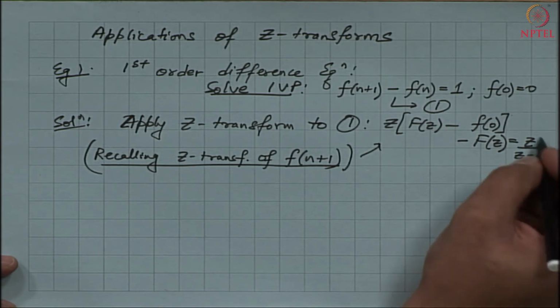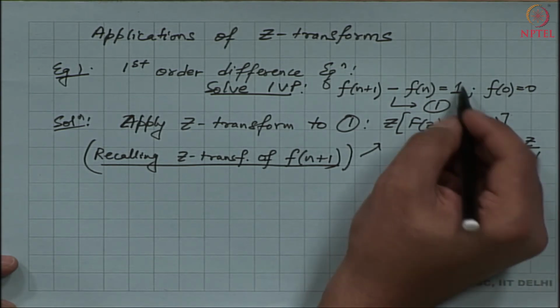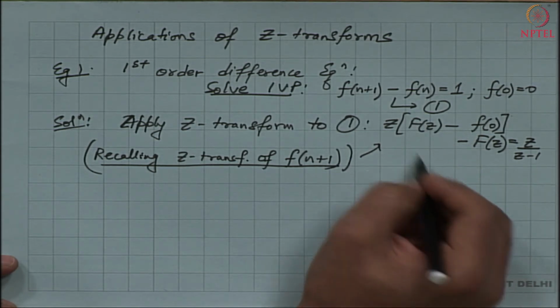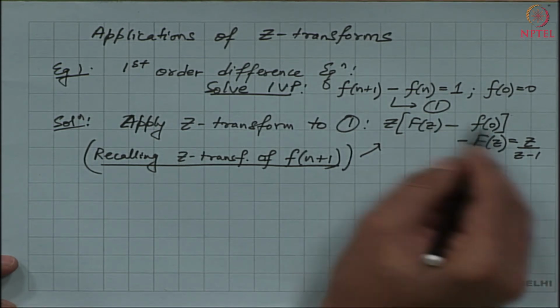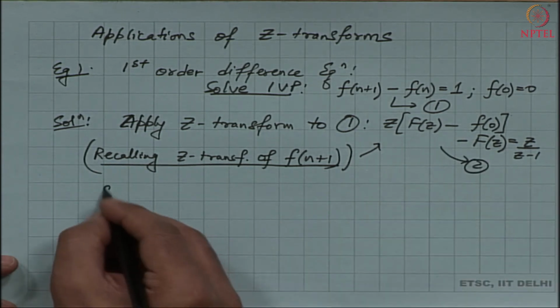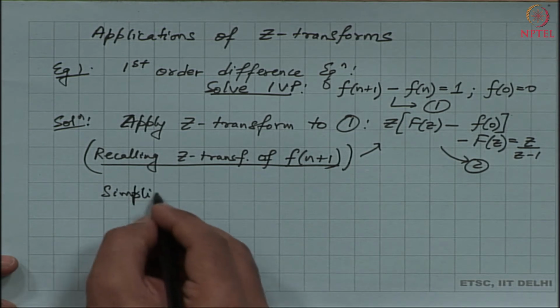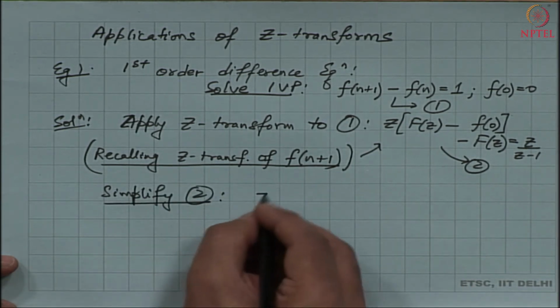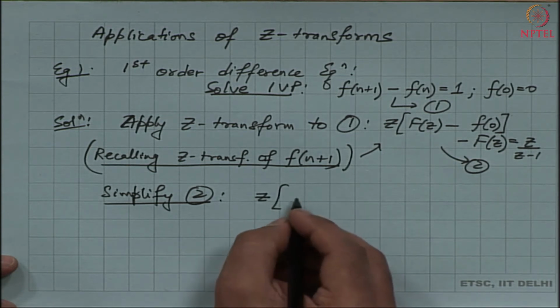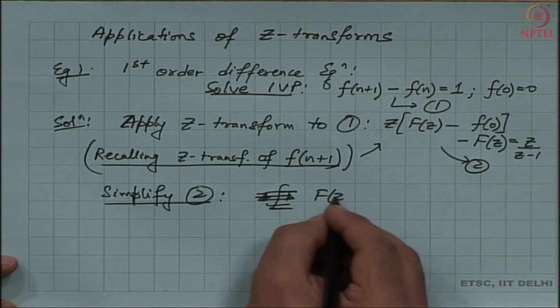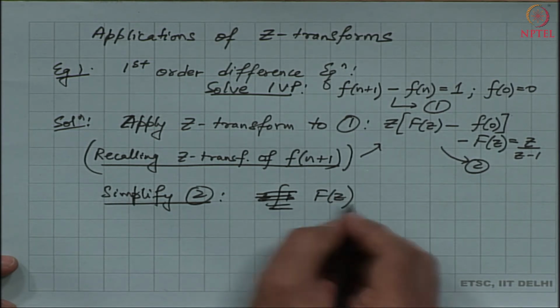I know that the inverse transform of the right hand side is 1. Let me call this 2, and simplify 2 to get the following result. I need to find capital F of z, the Z transform of the solution.